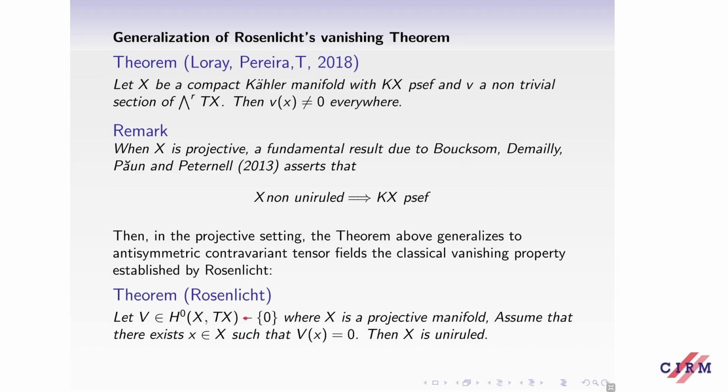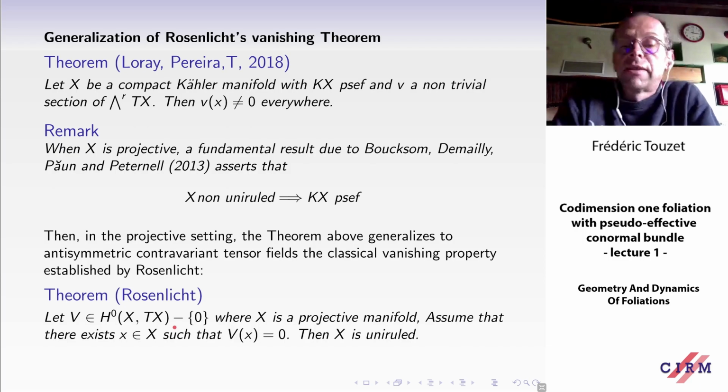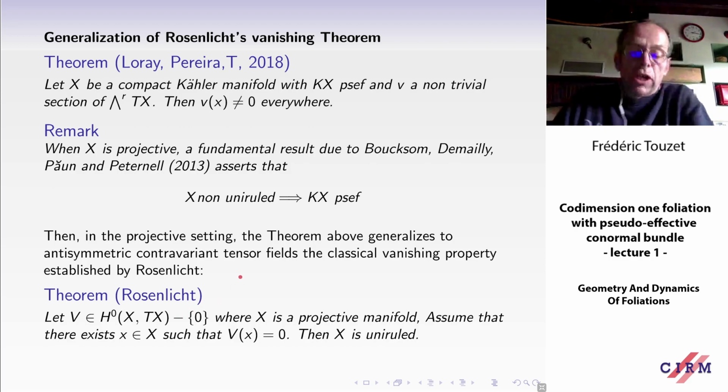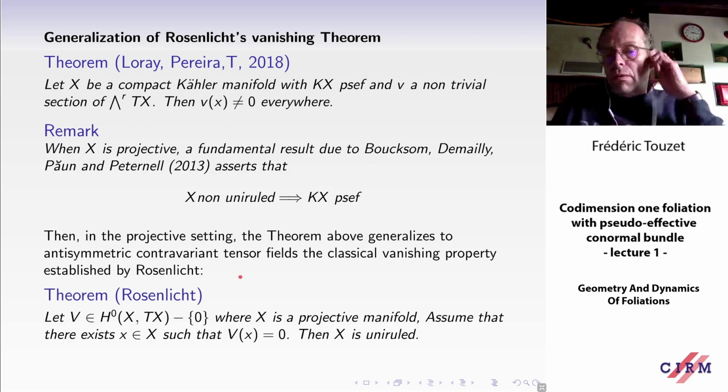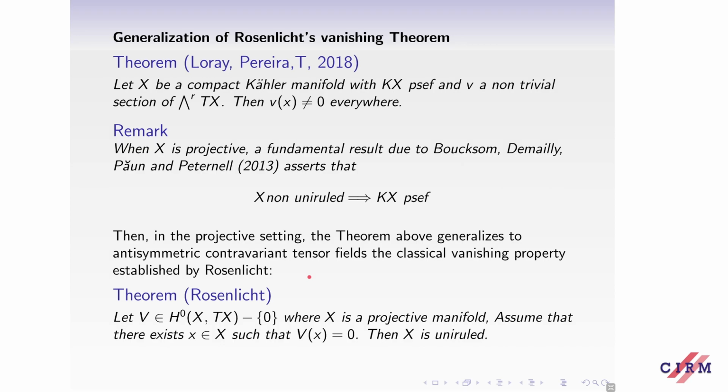Then, consider on it a vector field which is not identically zero, then this vector field never vanishes. So we have generalized this result to any antisymmetric power. And as far as I know, the conjecture remains widely open for general contravariant tensor fields, that is, for sections of tensor powers of the tangent bundle.